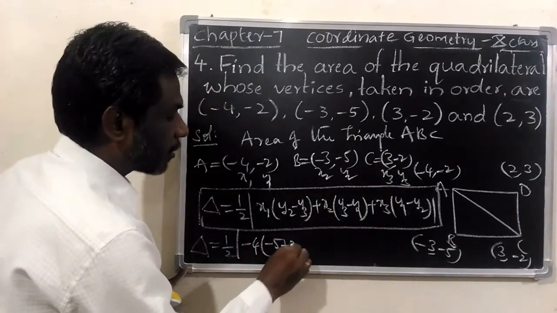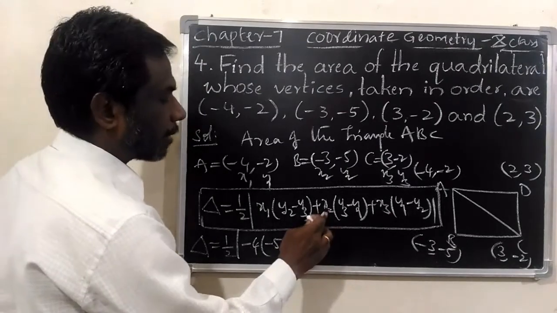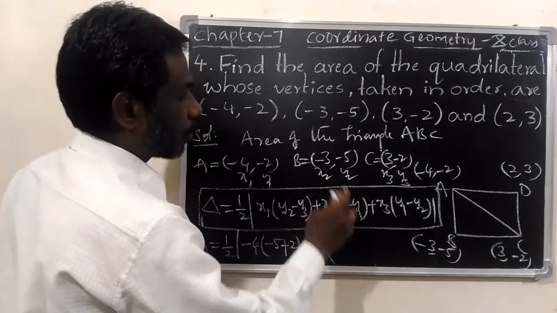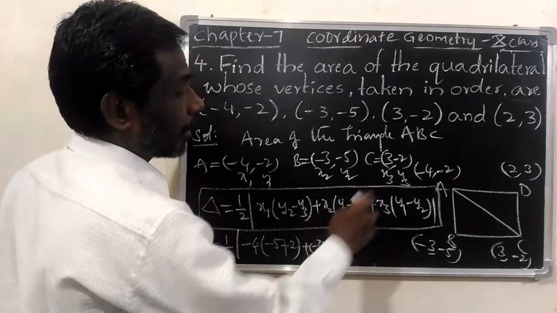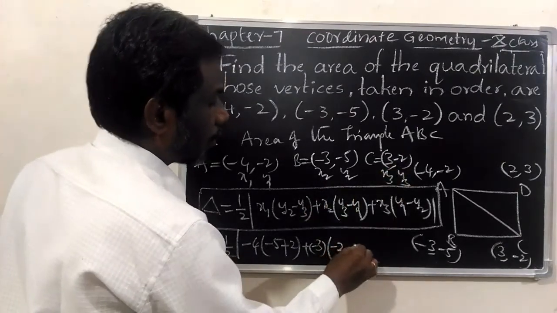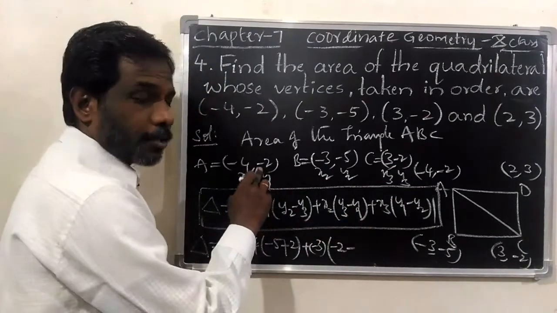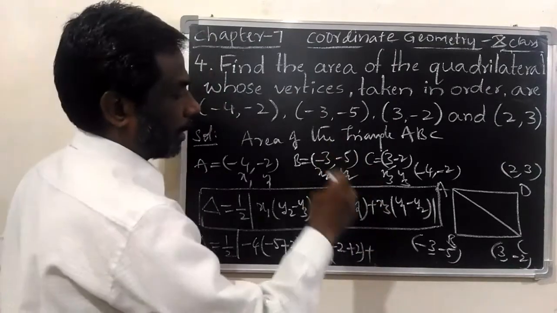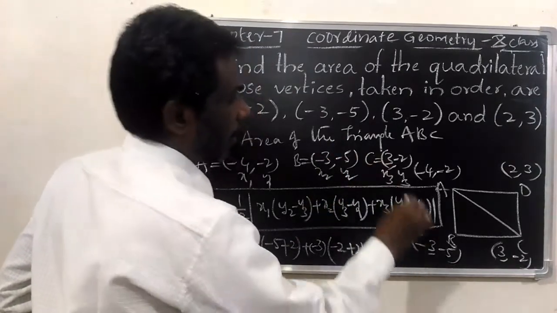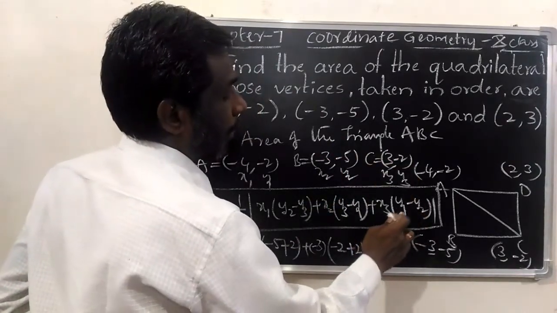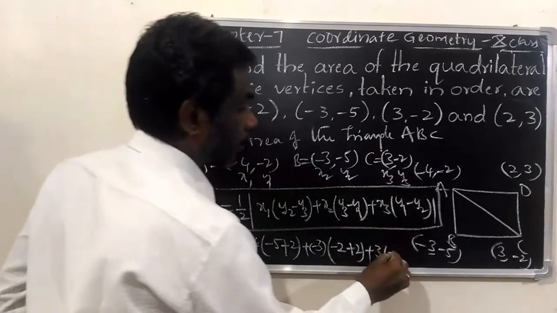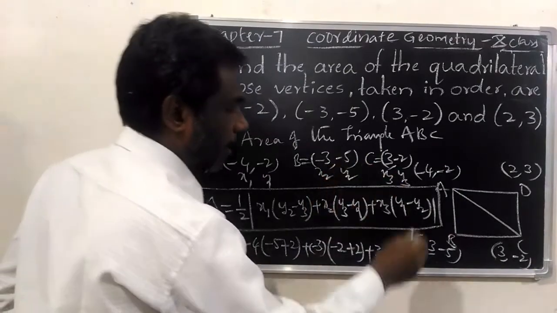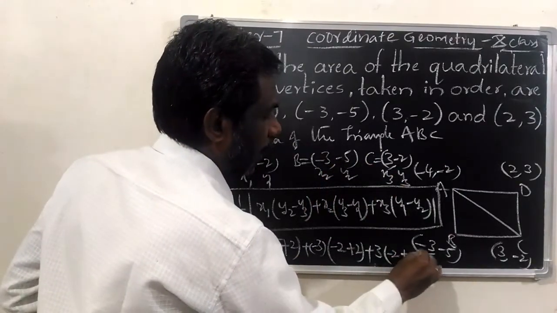Minus into minus plus 2. Plus x2, which is -3, into y3, which is -2, minus y1, which is -2. Minus into minus plus 2. Plus x3, which is 3, into y1, which is -2, minus y2, which is -5. Minus into minus plus 5.